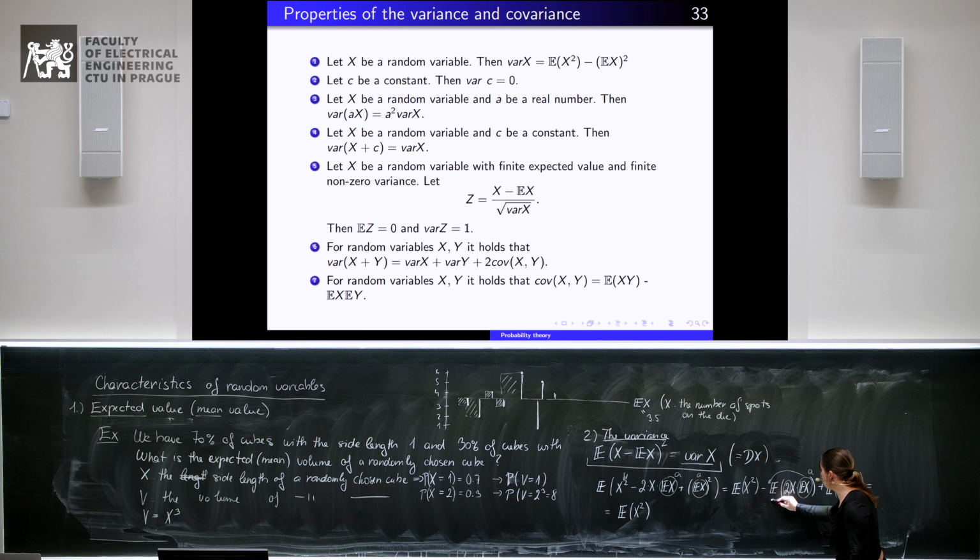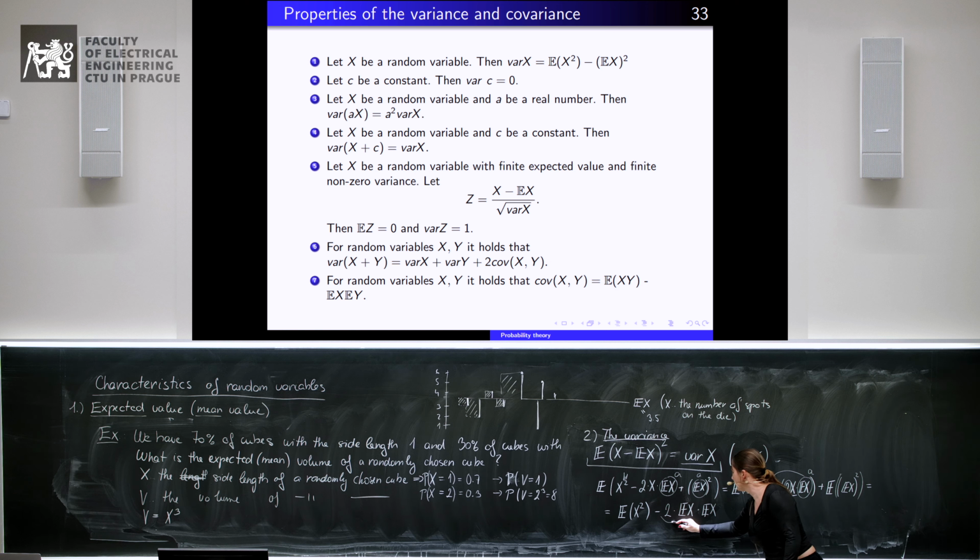The number 2 is constant, so it can also go here, and it means that we obtain minus 2 times a, the expected value, times the expected value of this x.